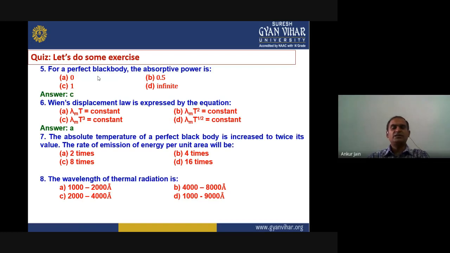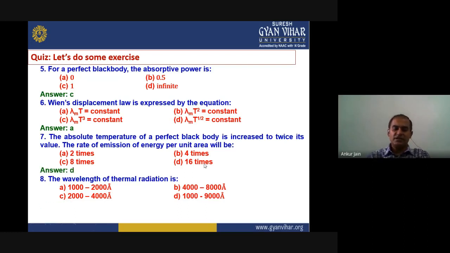The rate of emission of energy per unit area will be 2 times, 4 times, 8 times, or 16 times. We know Stefan's law, E is proportional to T to the power 4. So if the temperature is doubled, T becomes 2T, right? So the rate of emission of energy will be increased by 2 to the power 4, which means 16 times. So that will be the right answer, option D.